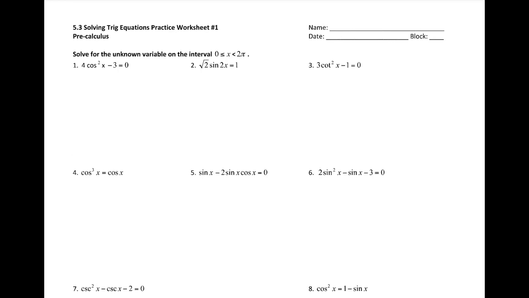And the more comfortable you feel with these extra trig practice worksheets and these trig equations and manipulating and solving them, the more comfortable you're going to be in the remainder of our unit, because it's basically all about being able to play with these different trig functions, mess around with them, and create one thing from another using different identities, which is a completely new concept, but still has to do with manipulating equations.